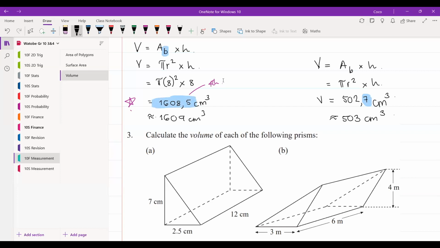So look at the answer that we've got over here. Our significant figures should technically be 1608. So this 5 over here cannot be included in our significant figures because it doesn't really add to the answer that we're looking for. So we need to use that 5 to round this number up. The 0 is not going to affect any of the other numbers because the 0 is just sitting in the 10th place.